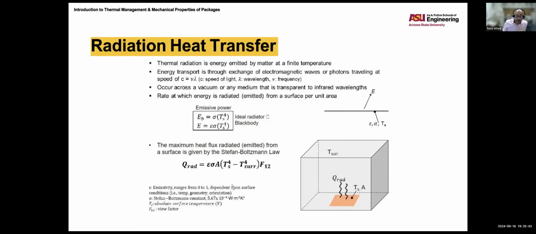And then the redistribution, as we talked about earlier today: you can use that redistribution line to help move current. Now, one of the challenges, if you make it too thin, is you can induce electromigration.